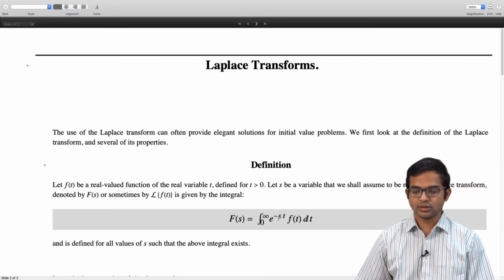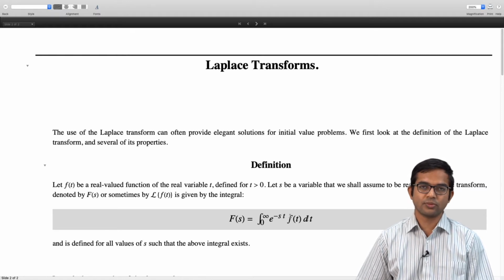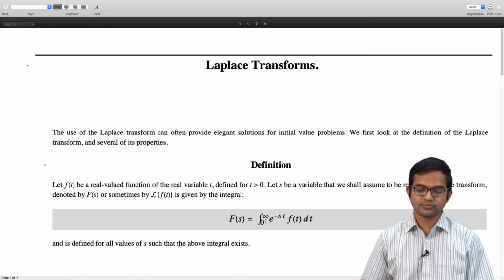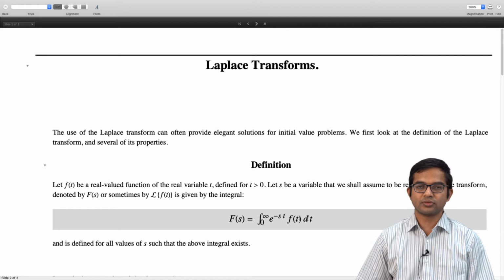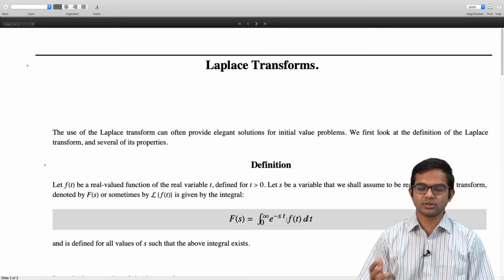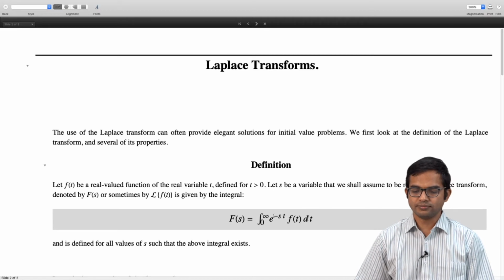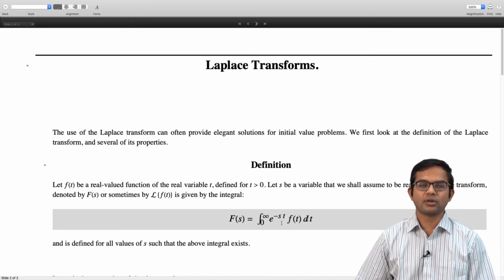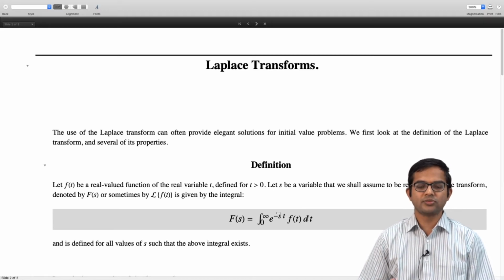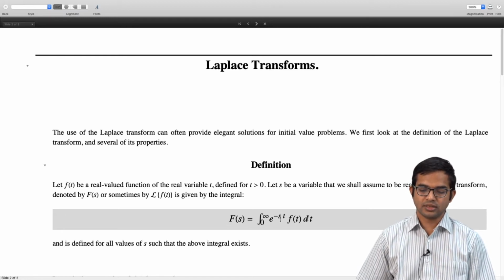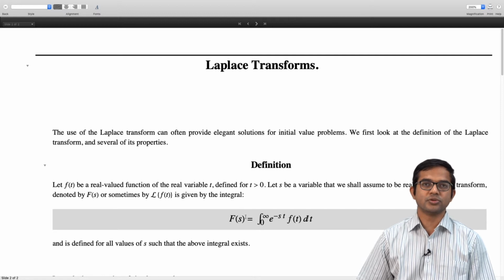So you can think of this s as some coefficient. These e to the minus st's are weights that you associate with this function, and you look at every instant of time from 0 all the way up to infinity. In some sense it captures a global aspect of this function, but for every value of s the weights will change, and depending upon how the weights change, the value of F of s will change.